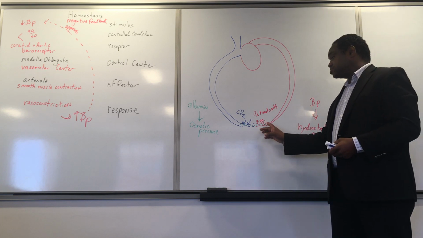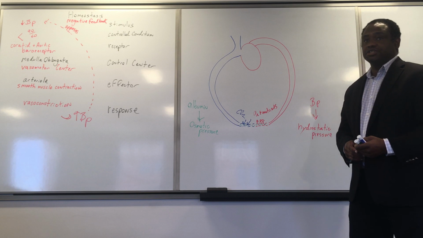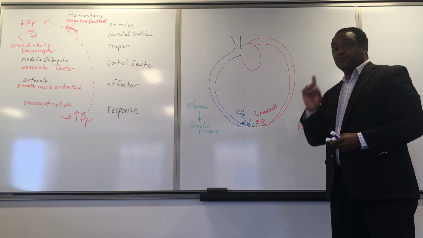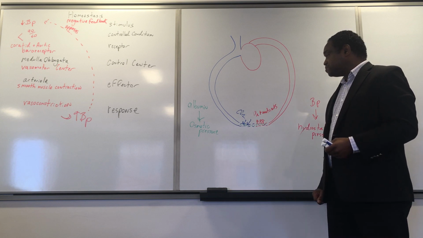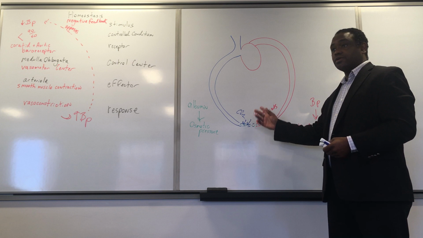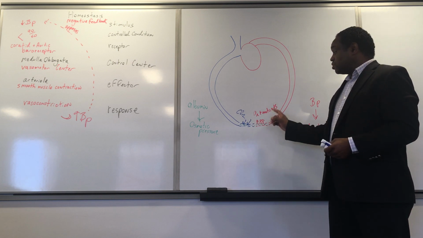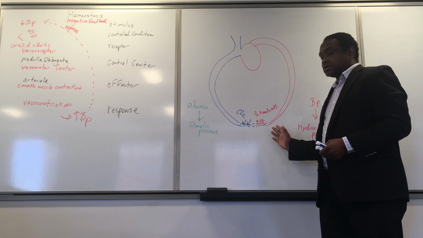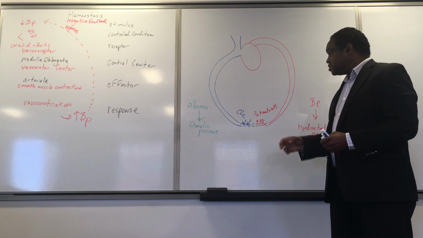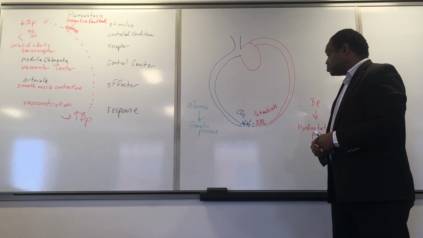Your hydrostatic pressure dominates on that arterial end, pushing blood out to tissue, or fluid out to tissue, because not all components of blood come out. They can't fit through the fenestrations. So that hydrostatic pressure guides all of that fluid out and into the tissue, giving the tissue oxygen and nutrients.